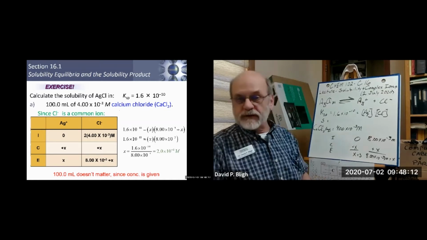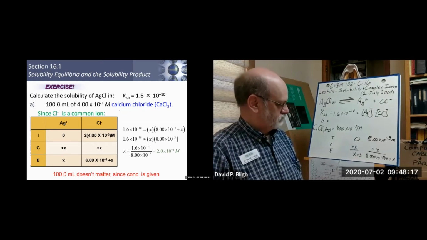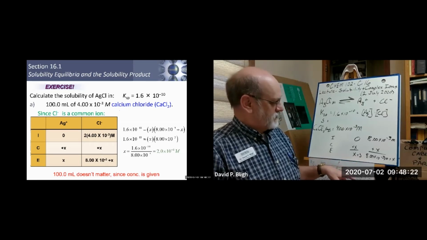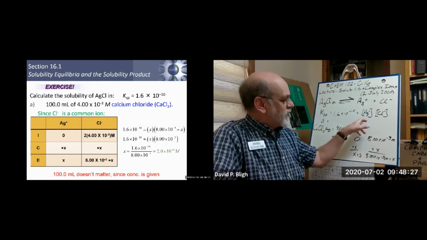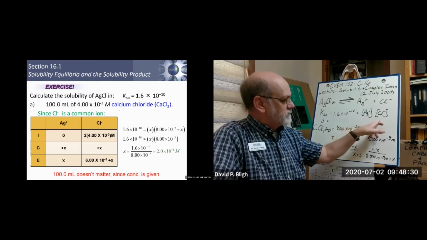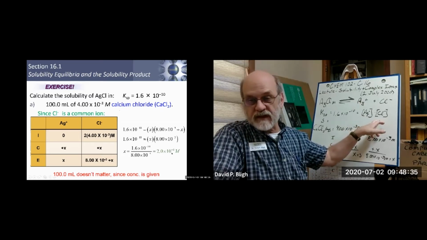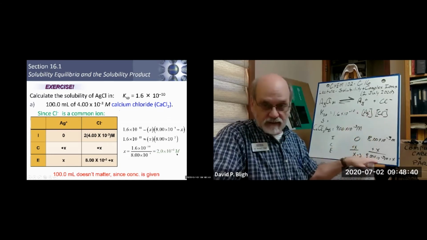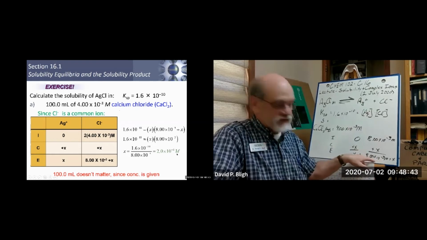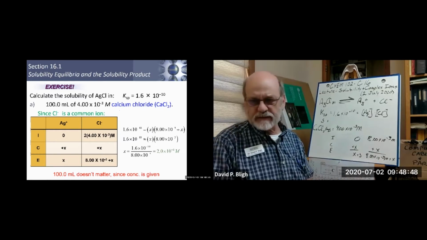Okay, so how much chloride is left in solution? Well, there should be the same amount of silver as there is chloride once the reaction is complete. Right? So it should be 2 times 10 to the minus 8 molar of chloride as well. So we've used up quite a bit of this initial chloride in the process.